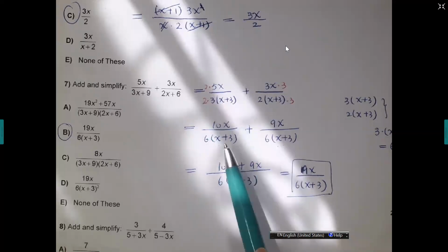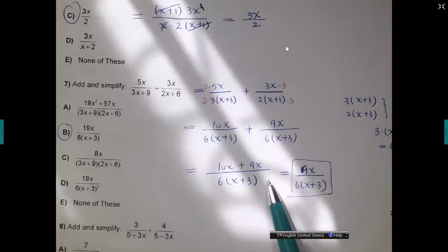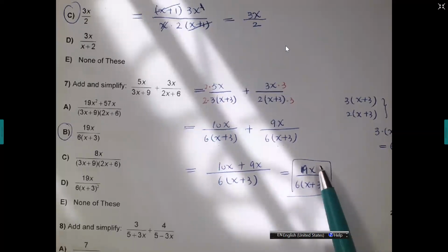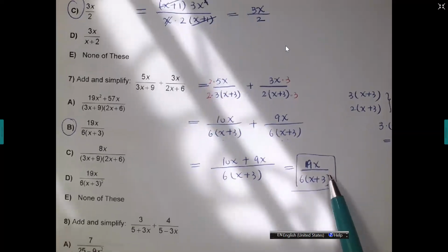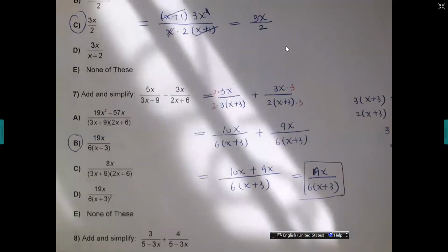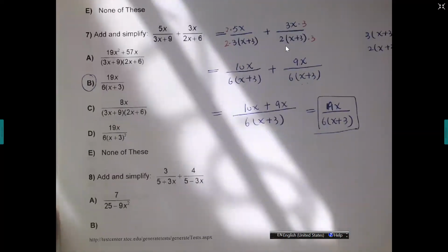Make sure they have the same denominator. Finally, we add or subtract. And the very last step, we have to double check: can we continue to simplify this rational expression? For this specific problem, we cannot, so this will be the final answer. All right, let's move on to the next one.